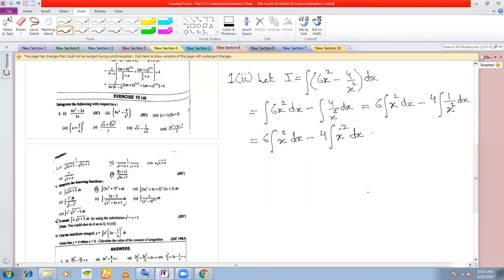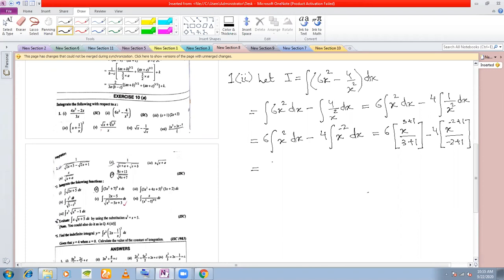Yes, sir. So this 6 x square integration is x to the power of 3 plus 1 by 3 plus 1, minus 4 x to the power of minus 2 integration is x to the power of minus 2 plus 1 by minus 2 plus 1.